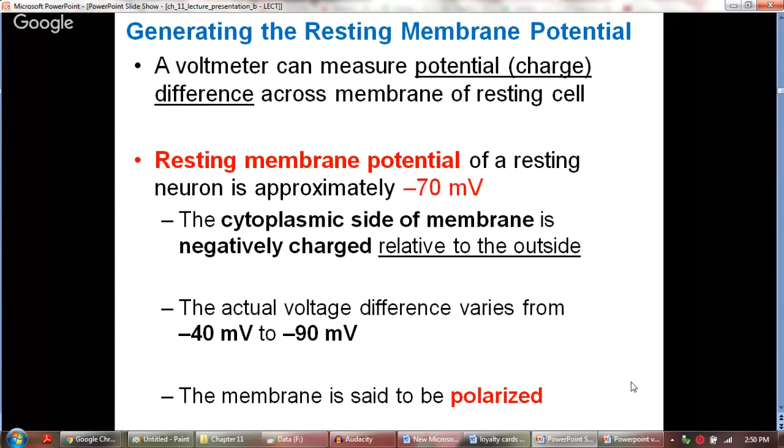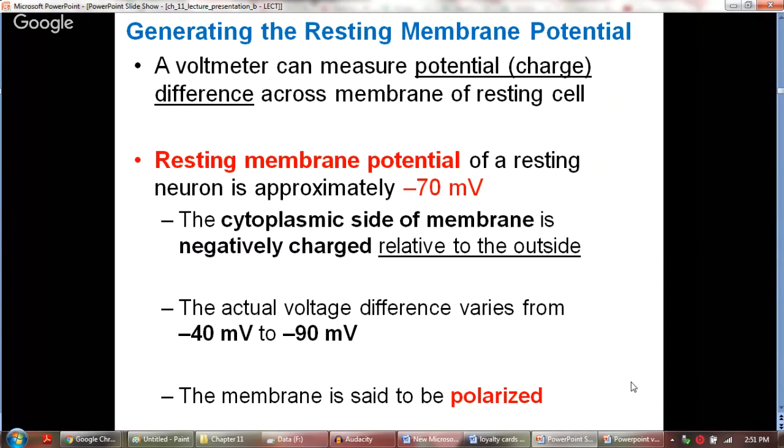So let's look at the generation of the resting membrane potential. Physically, the resting membrane potential can be measured with a voltmeter, and it measures the potential charge difference across the membrane of a resting cell.